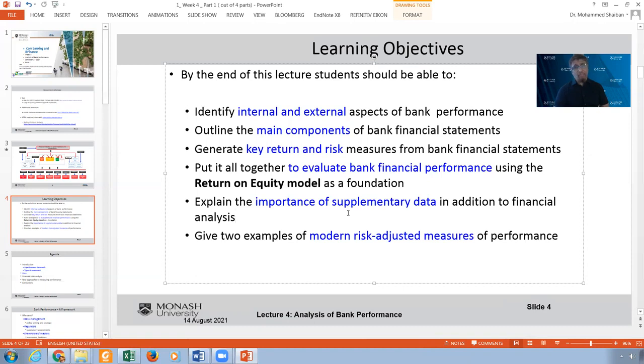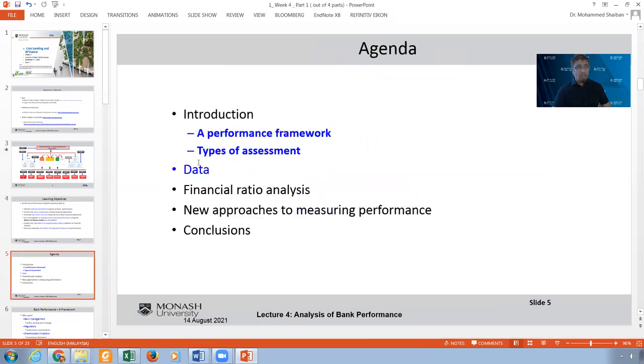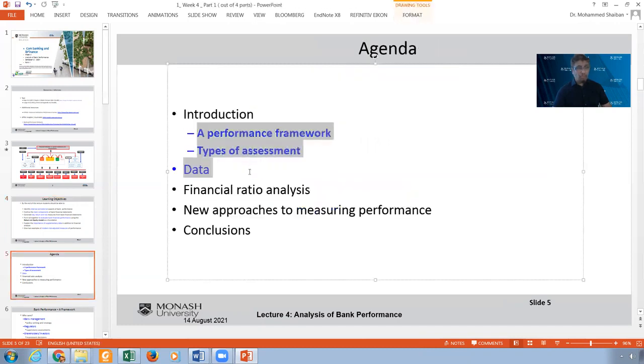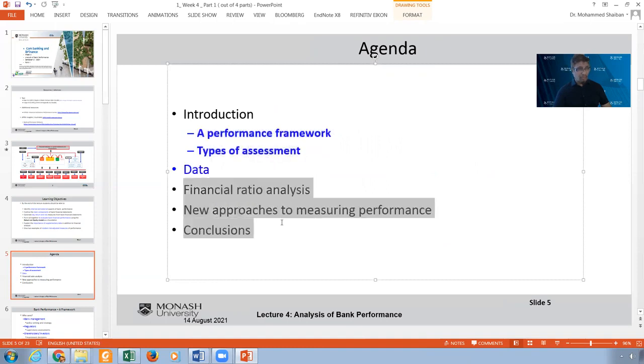Now that information in the body of the report is very important, especially when we talk about off-balance sheet risk. And then, as I told you, we'll talk about modern risk measures. Now, so this is what we are going to talk about in the first part, and I will talk about this later on.